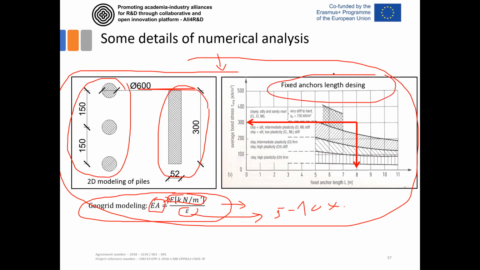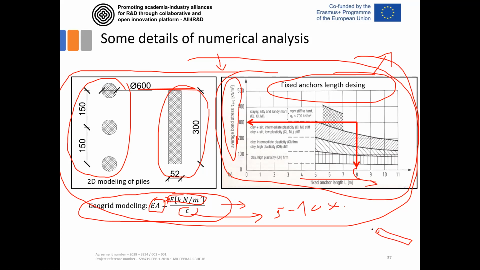The anchor length of the bonded part of the geotechnical anchor was calculated following the suggestions given by this empirical diagram that shows the link between the anchor length and average bond stress along the bonded part of the anchor.